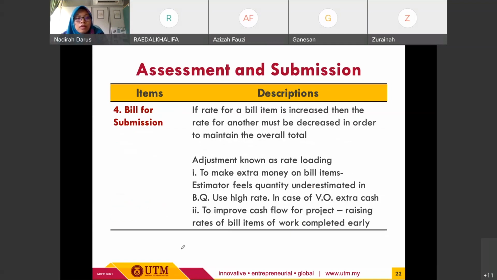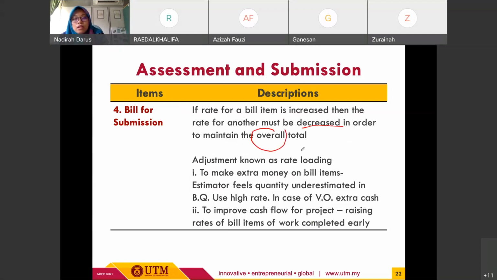Okay, the last one is the assessment and submission of cost estimation, where they write the bill for submission. Based on this bill, if the rate for a bill item is increased, then the rate for another must be decreased, in order to maintain the overall total.